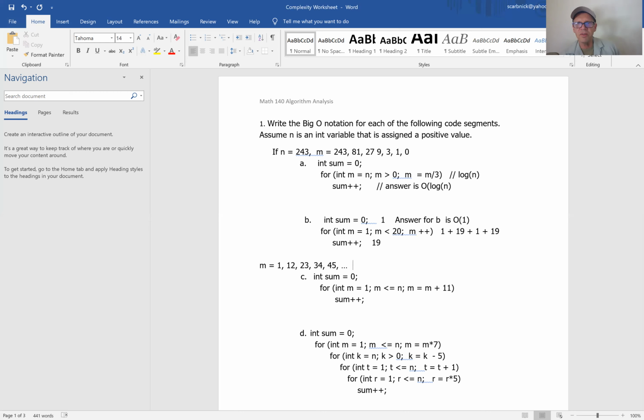You get the next value in the sequence by adding a constant, where geometric, you get the next value in the sequence by either multiplying or dividing by a constant. So in this case, the number of iterations is about n over 11.